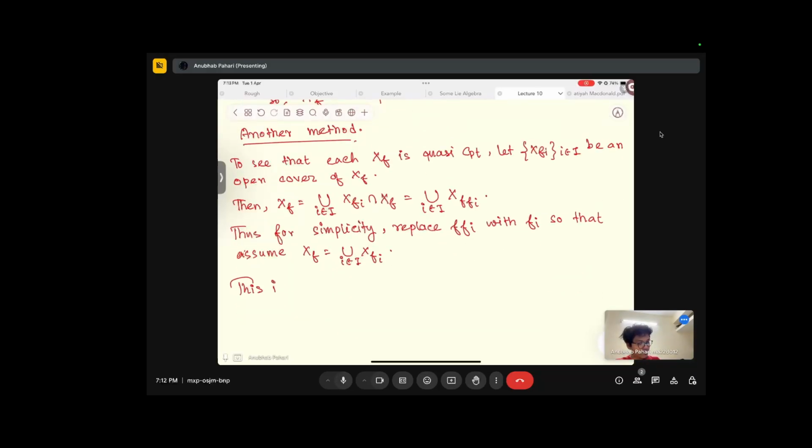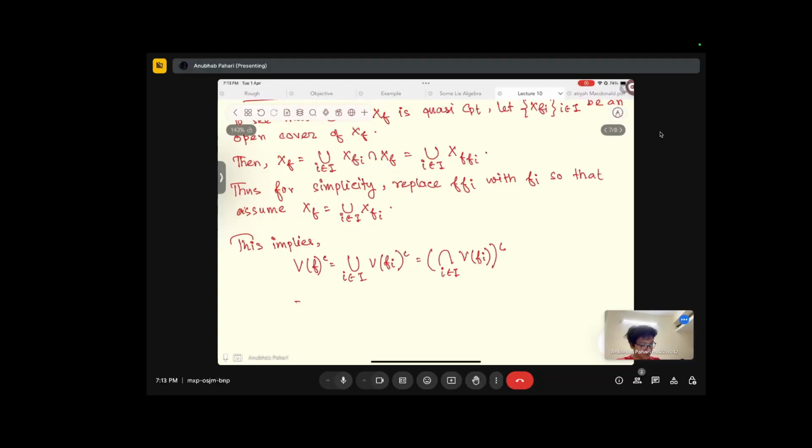This implies Vf complement is the intersection of Vfi complement.